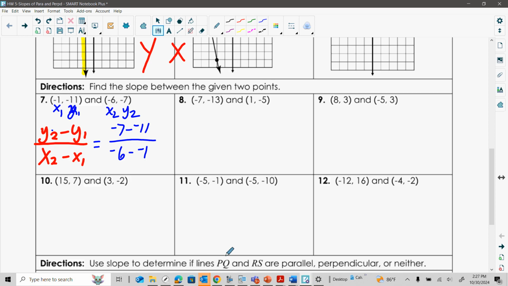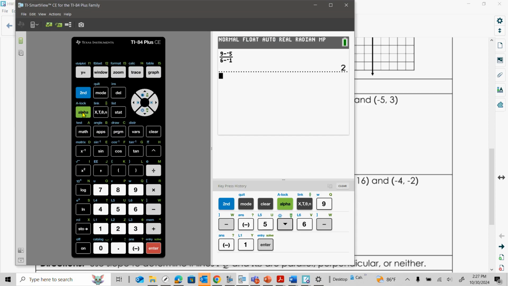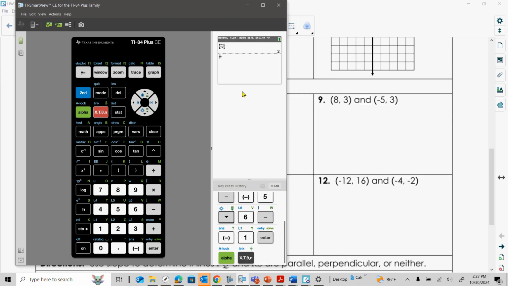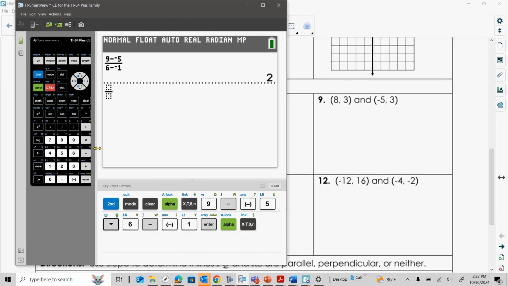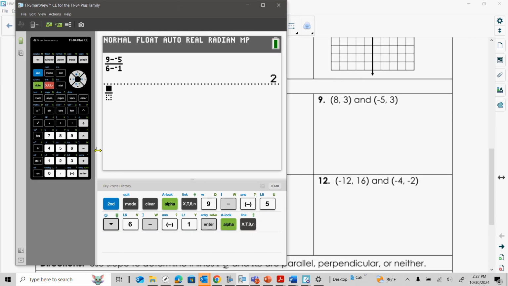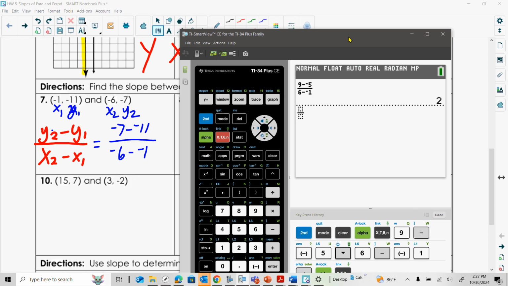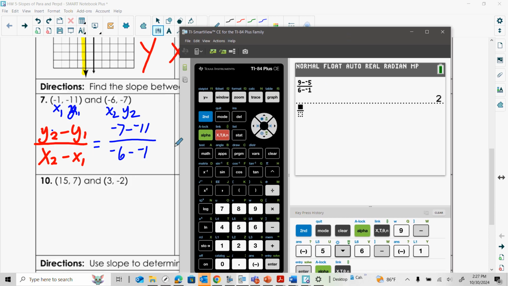And we talked about just putting the expression in the calculator. So remember, if you go alpha x, we get straight to our fraction box here. And so all we're needing to do is to type this expression into the calculator.